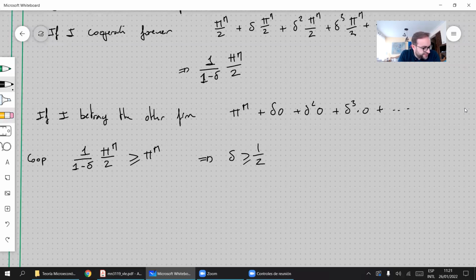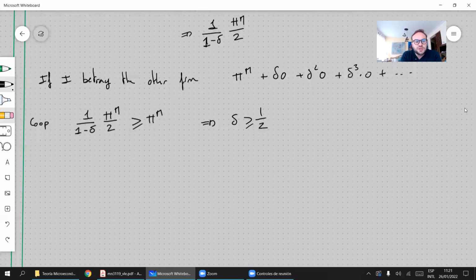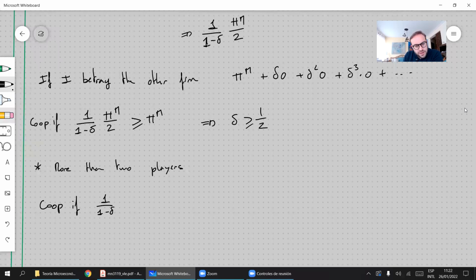Just a couple of extensions. The first one is what happens if we have more than 2 players? In this case my matrix is not going to work, but basically the idea is that I cooperate if the stream of winnings, divided by the number of players, is better than betraying everyone.